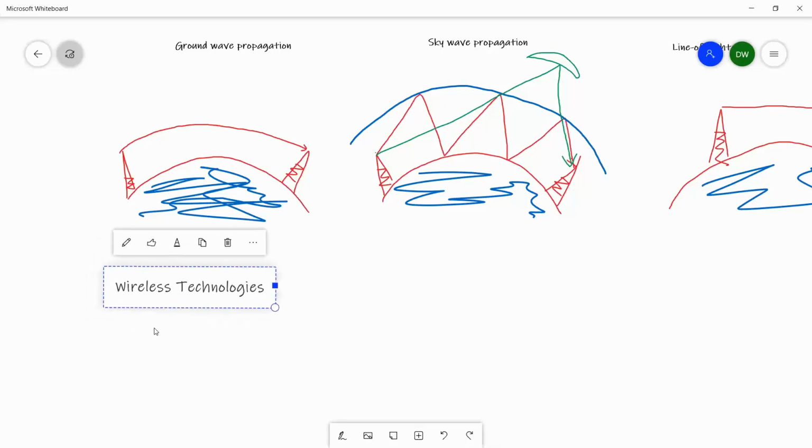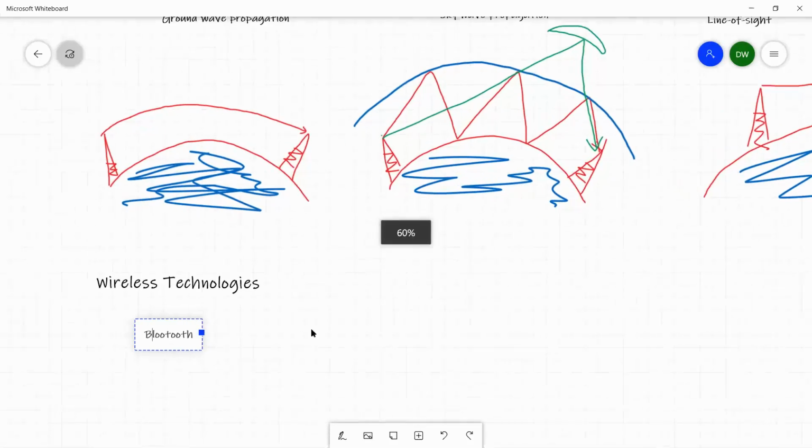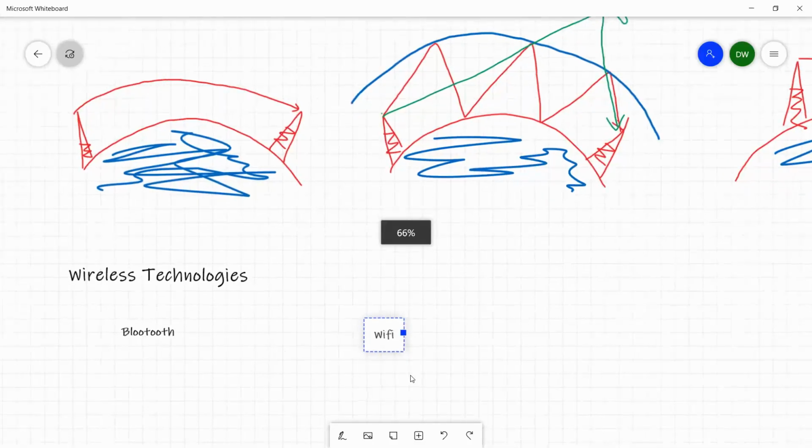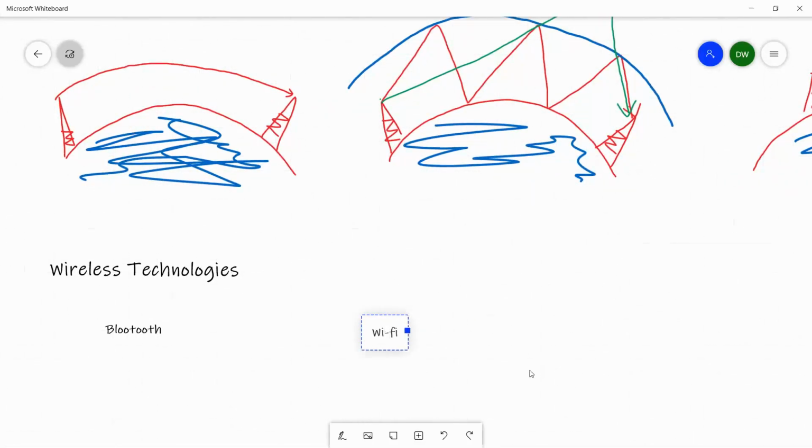So we have certain wireless technologies. We can mention them as Bluetooth, and Wi-Fi, and another technology can be mentioned as WiMAX, right?